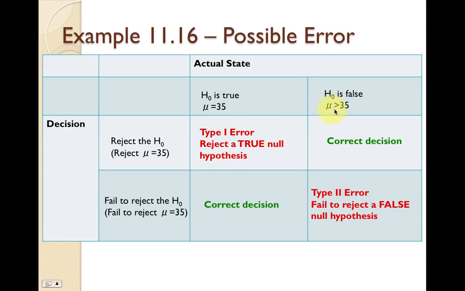If the null hypothesis is really false, meaning that the population mean using the new system is greater than 35, and we rejected the null hypothesis that it is 35, we are right on track. We made the right decision. But there's a possibility, a very small possibility, 0.0005% chance that we made the wrong decision.